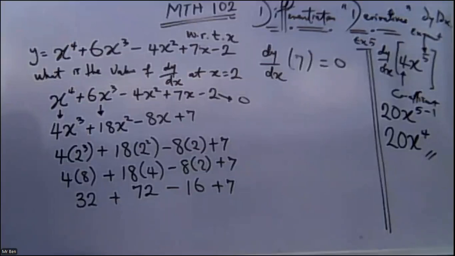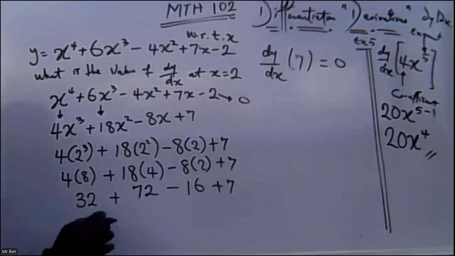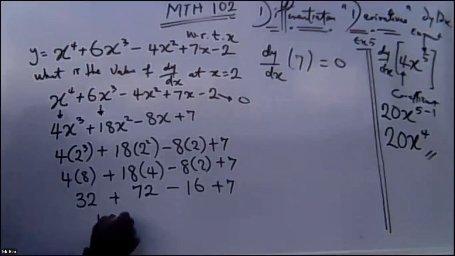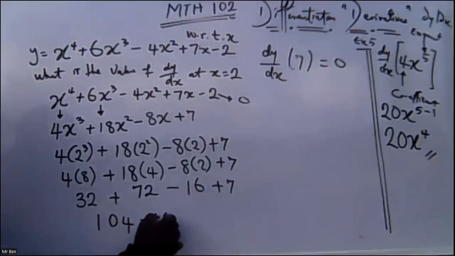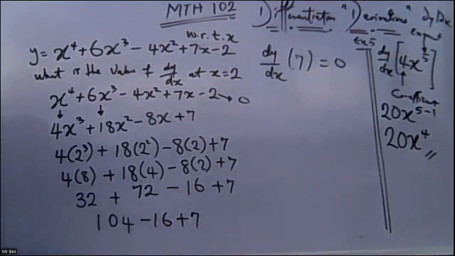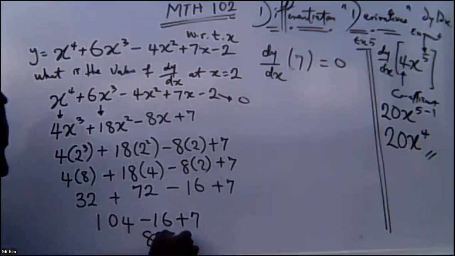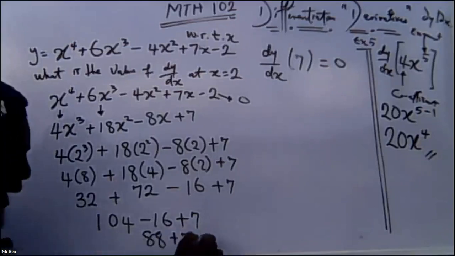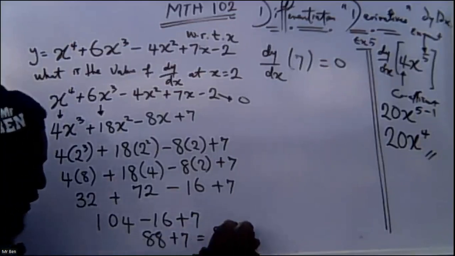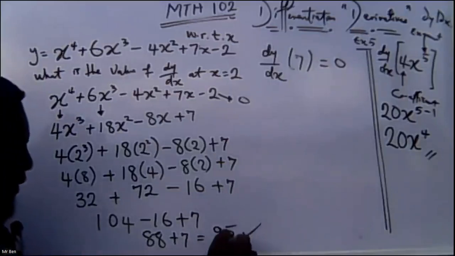Don't forget, 32 plus 72 will give us 104. 104 minus 16 will give us 88, plus this 7. 88 plus 7 will give us 95. Final answer.